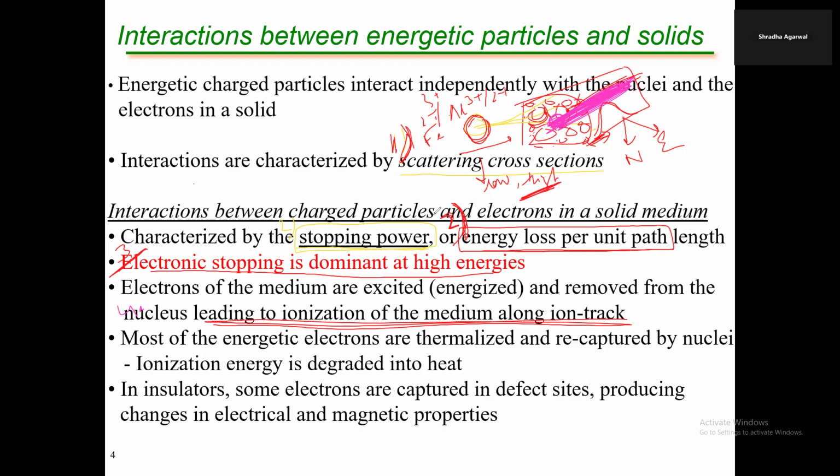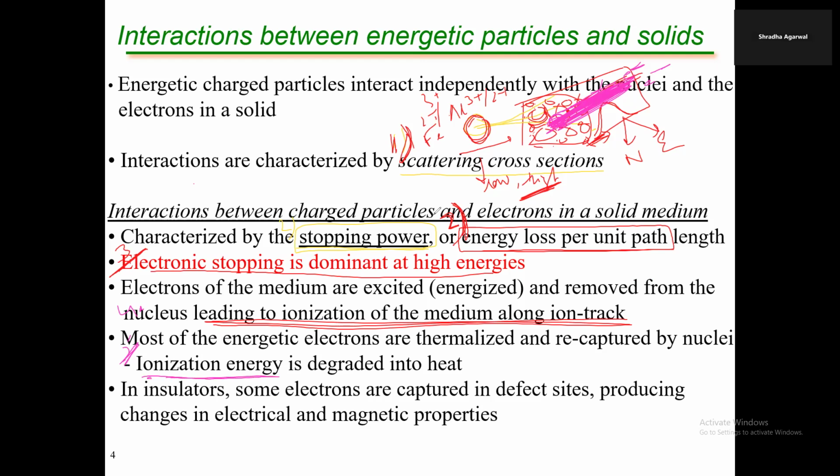Now, what is the fifth point? All these atoms which are degraded, all these solid atoms, they have given some electrons. Now these electrons will be captured back inside. So this is known as ionization energy is degraded.